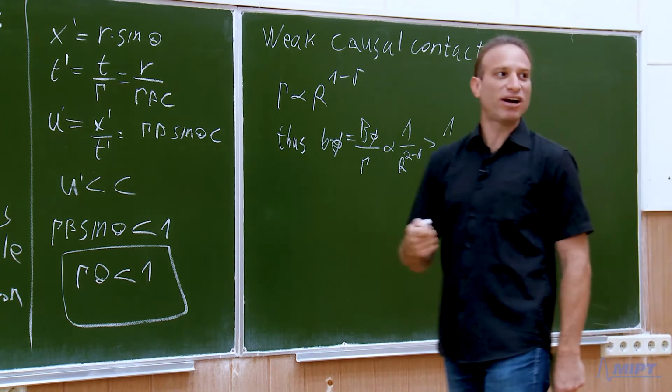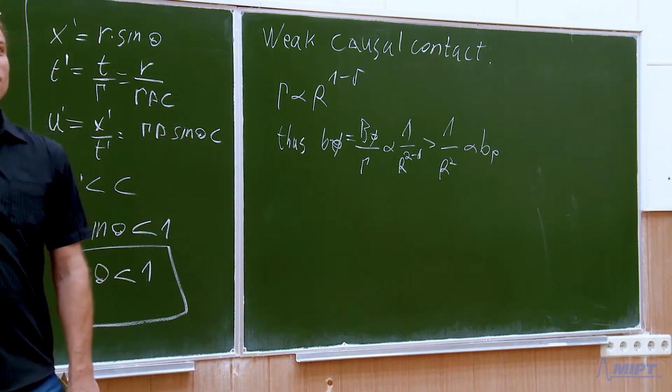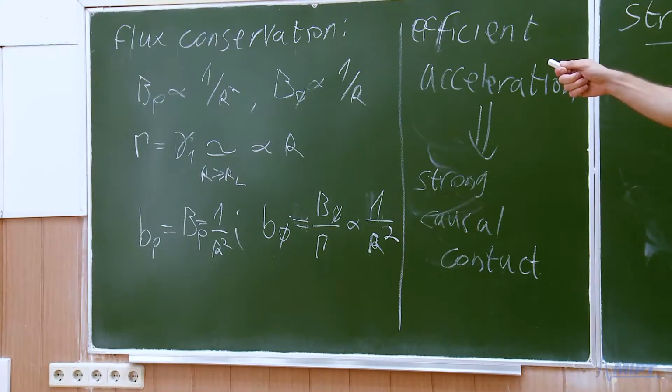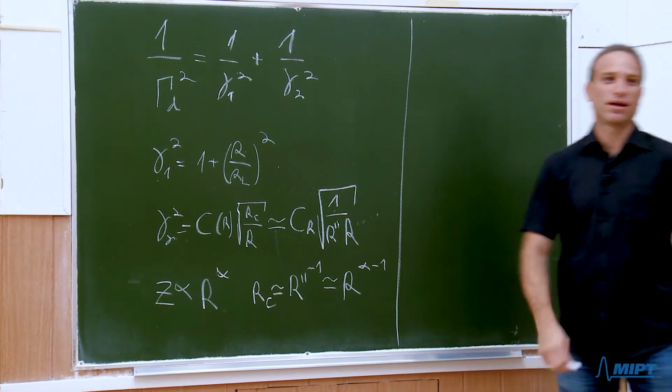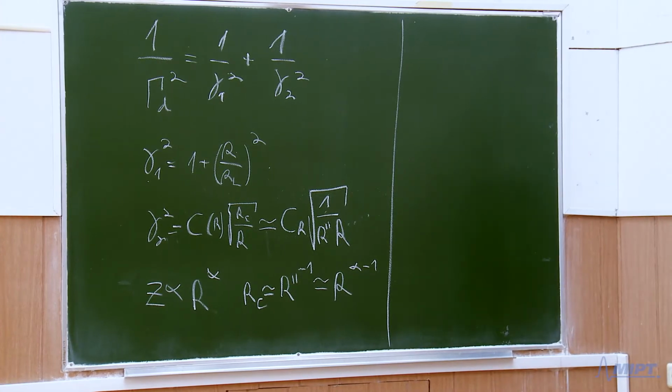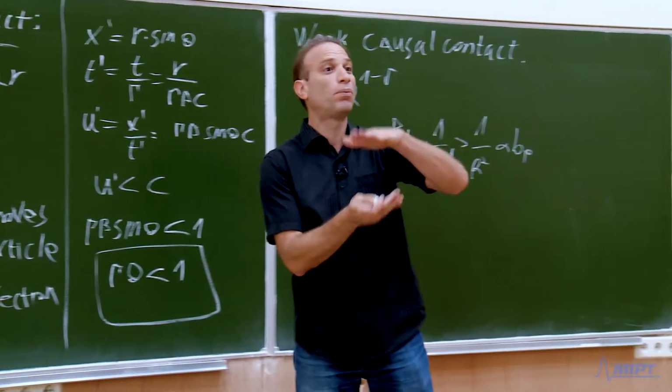What's happened then when b phi is larger than bp? Look over there. Gamma 2, second acceleration regime. So now I'm accelerating not according to how the spring is compressed.